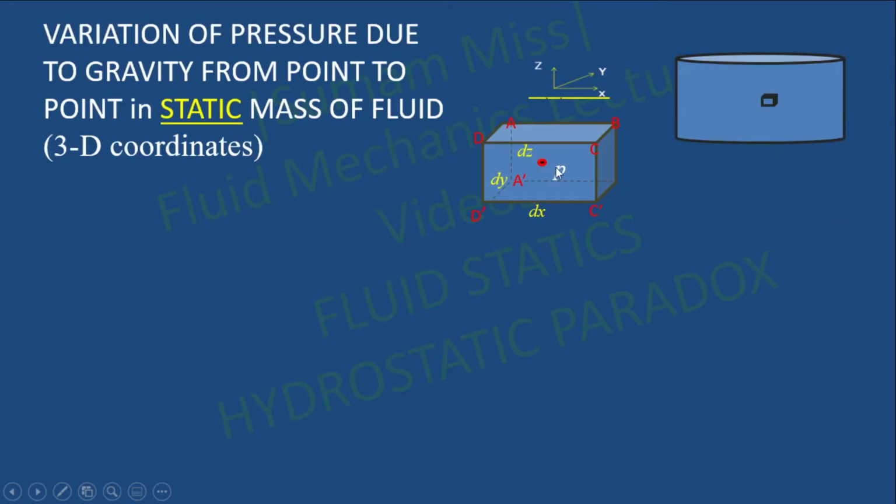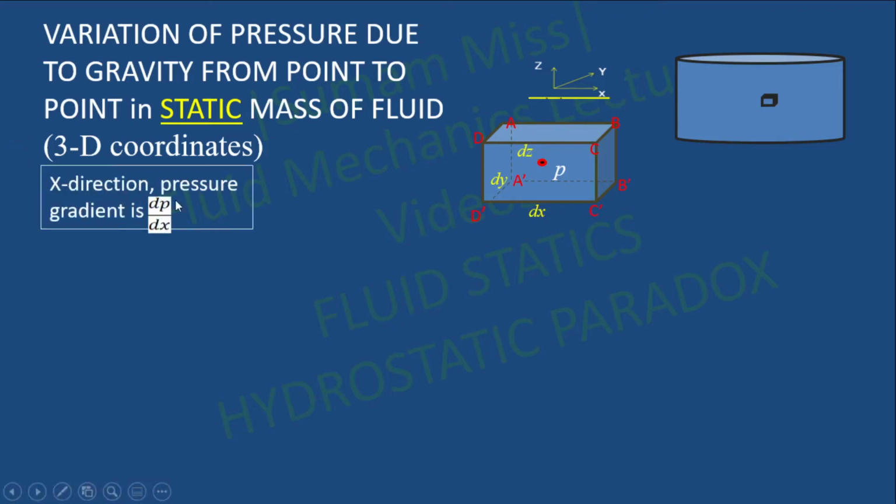P is the intensity of pressure at the center. Since dx, dy, dz are small, the pressure variation can be assumed to be linear within the distance dx. That is, dp by dx, dp by dy and dp by dz are constant within a distance of dx, dy and dz.